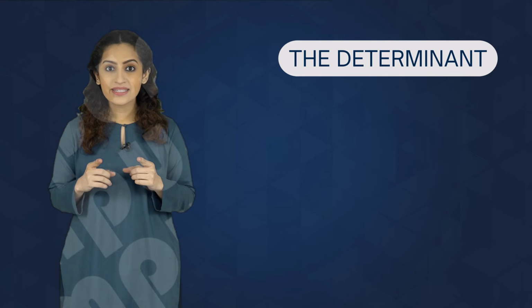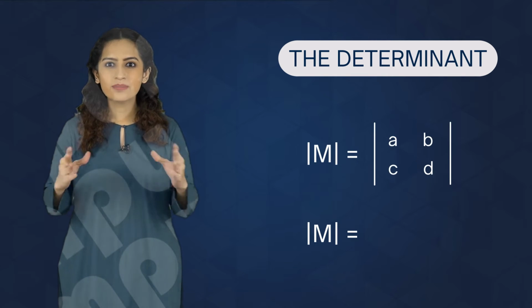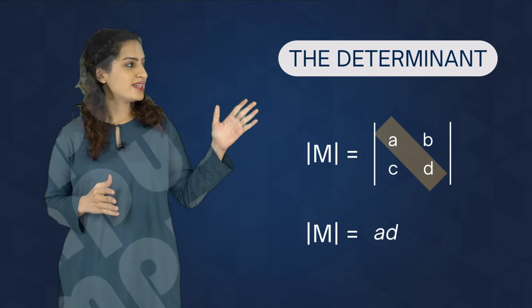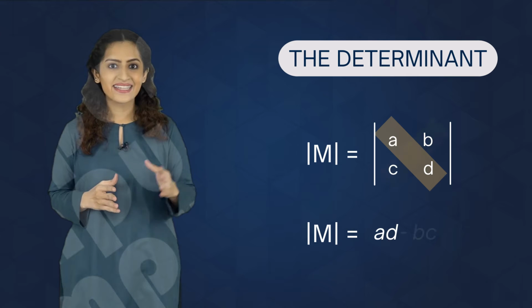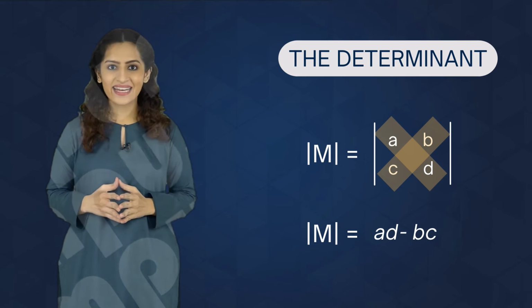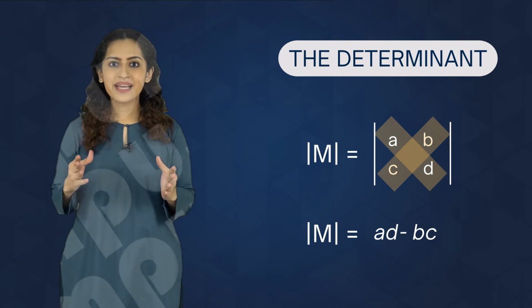The determinant can be found by the cross multiplication of these two minus these two, that is AD minus BC.